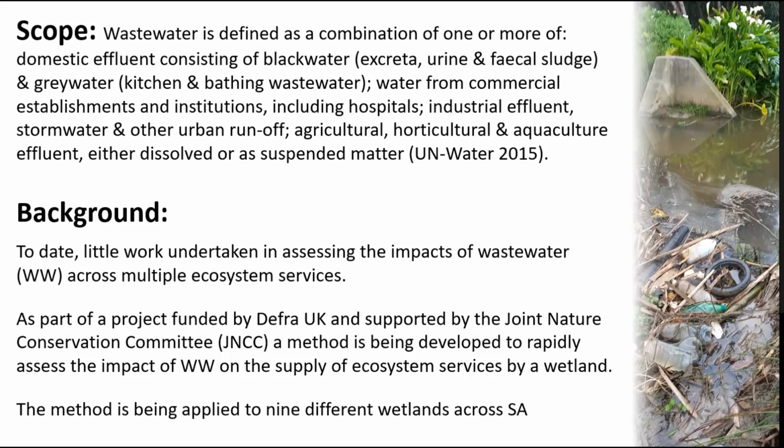So as part of a project funded by DEFRA through the JNCC, we're working on a method to rapidly assess the impact of wastewater on the supply of ecosystem services by a wetland. And this has been applied to 9 different wetlands across South Africa.